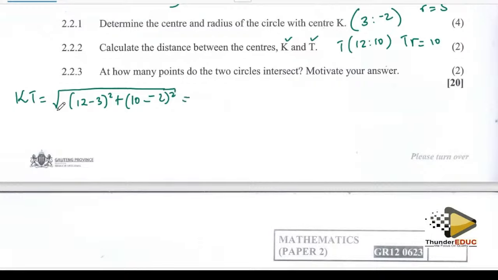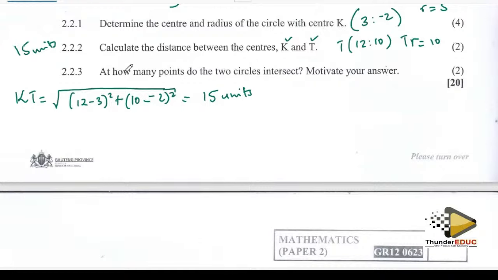This is 12 minus 3 squared plus 10 minus 2, which is a plus 2, and I square that. I'm getting 15 units. So the answer for 2.2.2 is 15 units. That's from the distance formula.